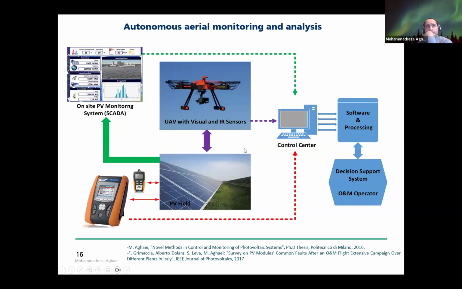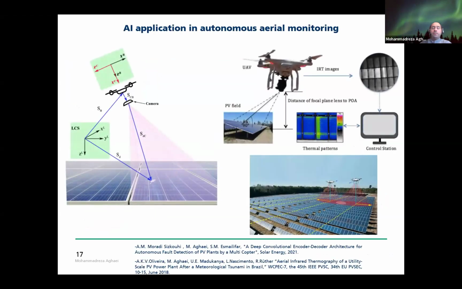Another example is related to autonomous aerial monitoring analysis. To facilitate the aerial inspection and make it fully autonomous, so we can use it for larger scale plants, we applied AI technology to make the drone, or unmanned aerial vehicle, an autonomous UAV, in order to make the aerial inspection procedure faster and, of course, accurate.